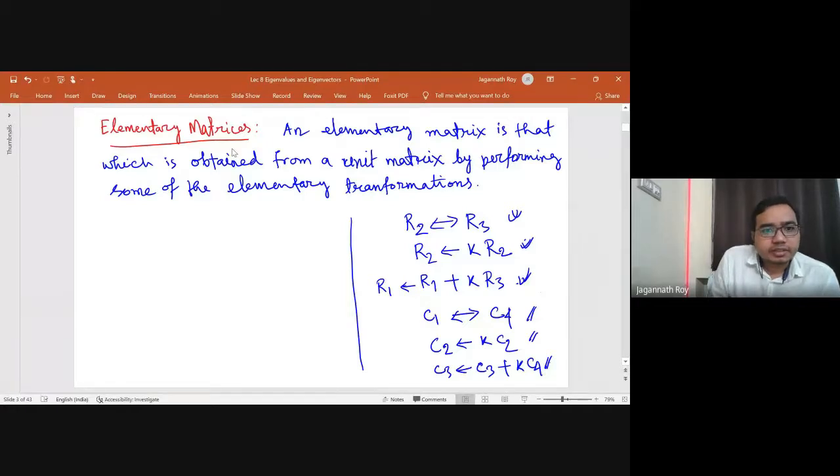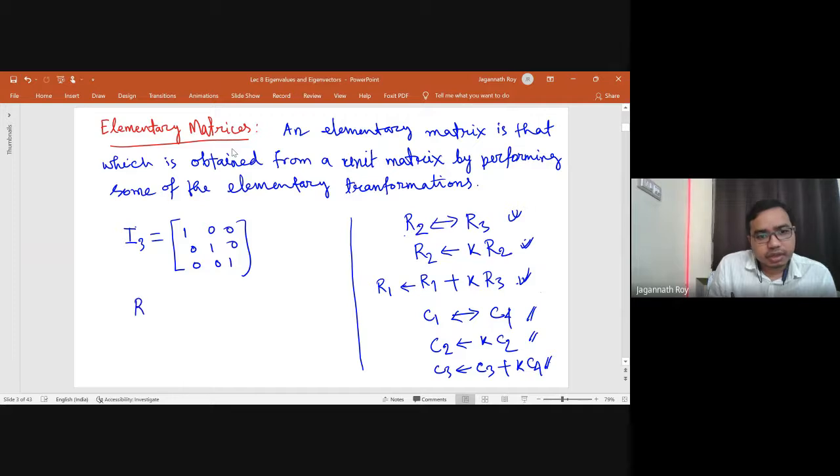If, for example, we take I3, which is 1 0 0, 0 1 0 and 0 0 1, and we perform some row or column operations, then the matrix that we get is called an elementary matrix.